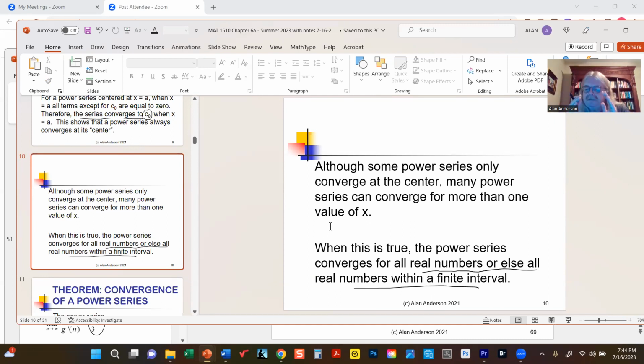It's still going to be an infinite number. If it's all the real numbers within a finite interval, we're still looking at an infinite number of values of x. So if the power series converges for at least one value other than its center, it will have an infinite number of values of x at which it converges.